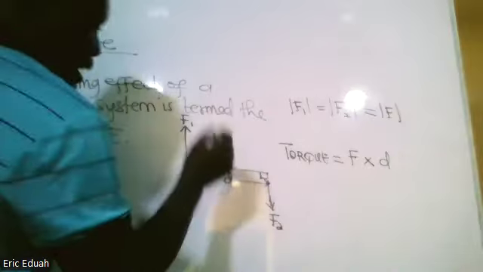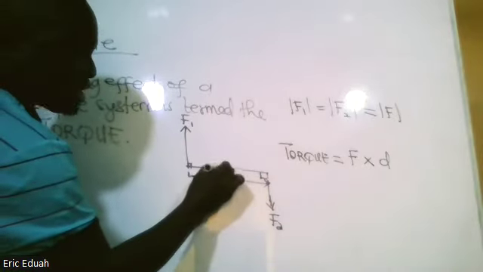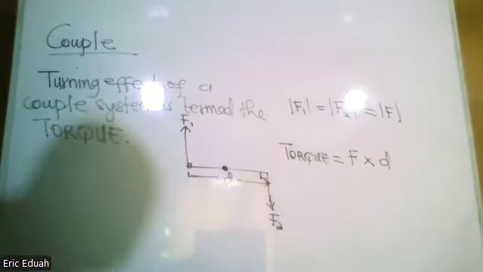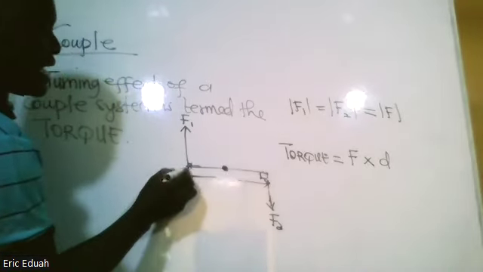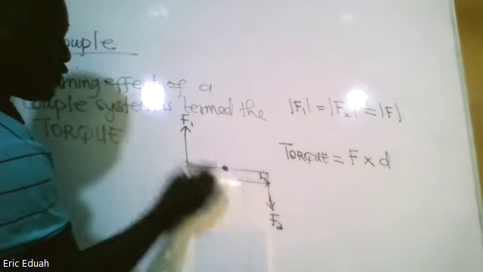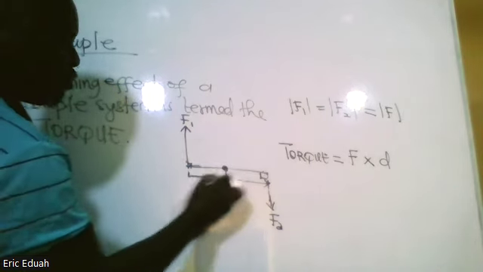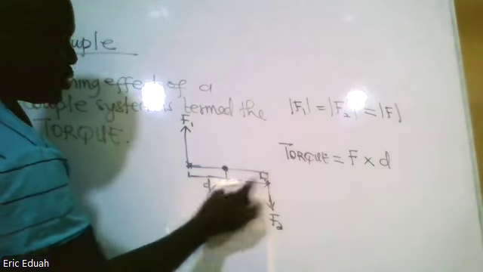We take that to be the pivot. And the pivot around which the turning effect takes place divides this perpendicular distance into two equal parts. So if the whole length is L or D, then the perpendicular distance between the pivot and this force would be D over 2.